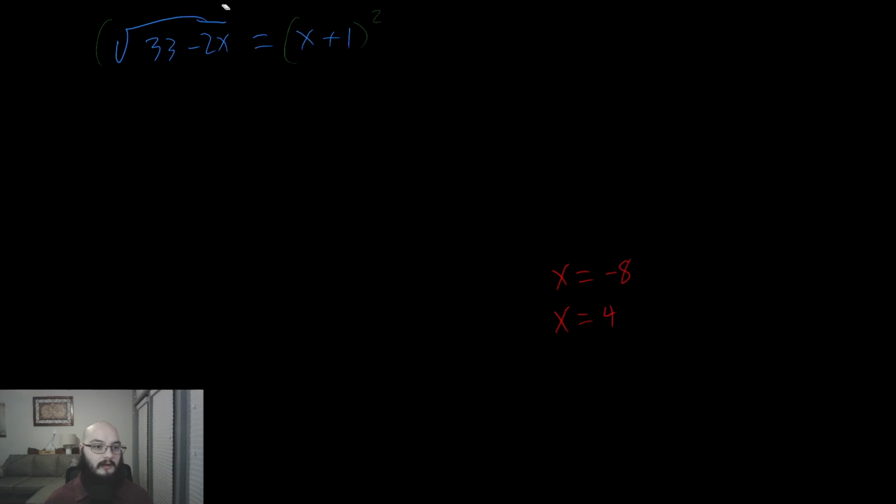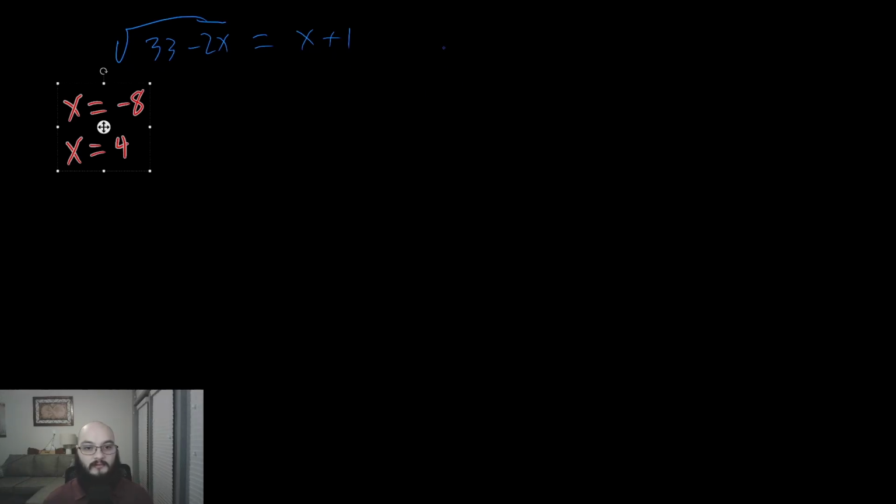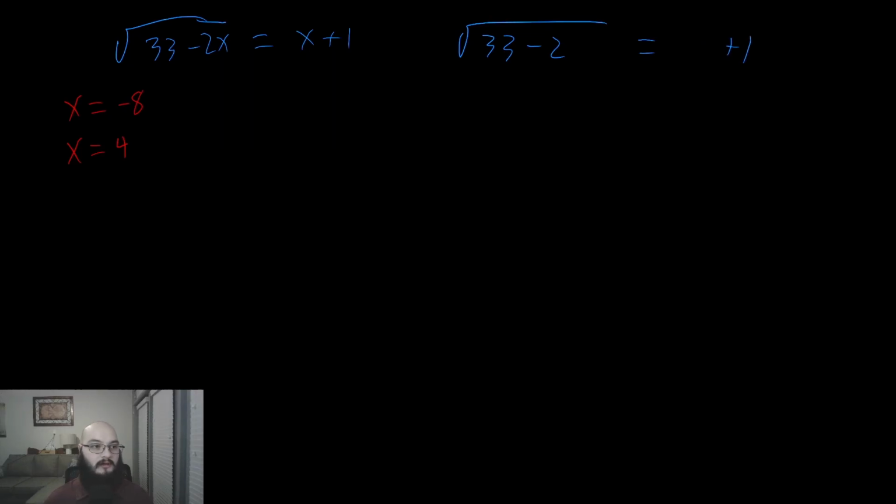Go ahead and clean this up just a little bit. And then let's move you over here. All right, let's check out the negative 8 first. So we'll have square root 33 minus 2 times the negative 8 is equal to negative 8 plus 1.